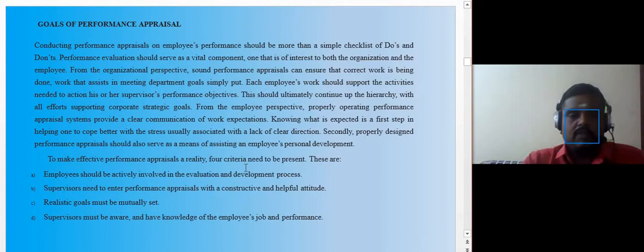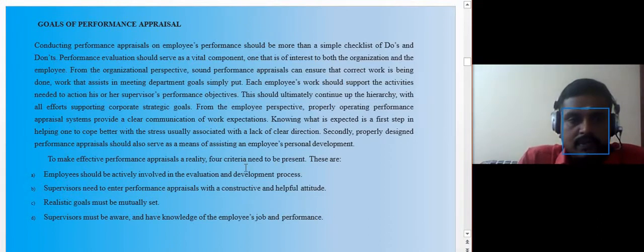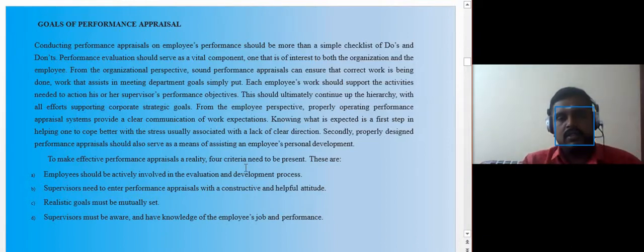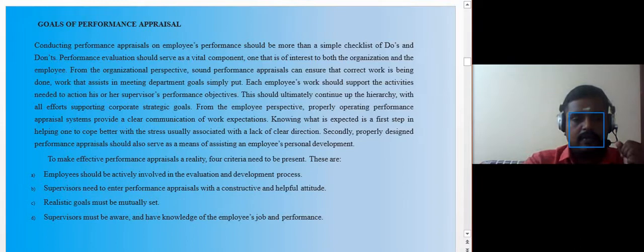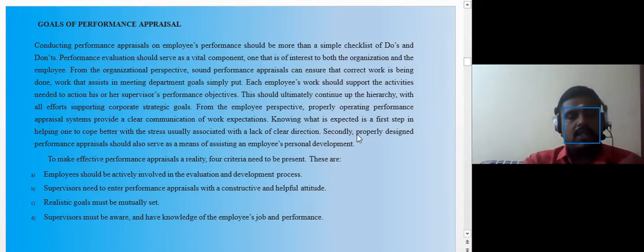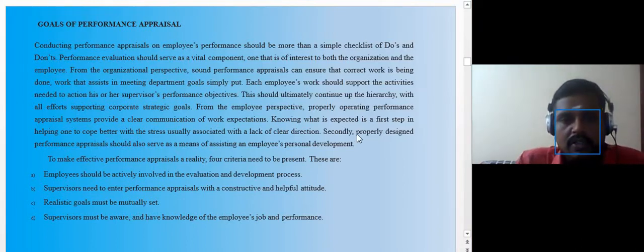The goals of performance appraisal. Conducting a performance appraisal on employees' performance should be more than a simple checklist of do's and don'ts. The performance evaluation should serve as a vital component, one that is of interest to both the organization and the employee.